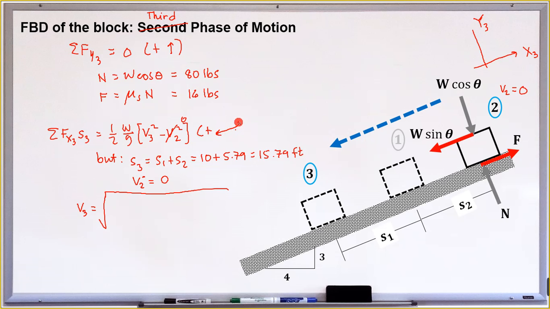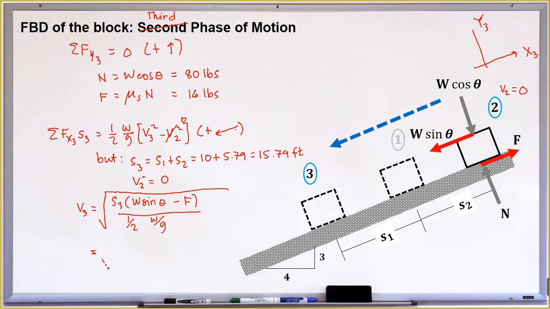Therefore, W sin theta ang positive, si frictional force negative ni siya. So butang lang diri S3 times. So we have W sin theta minus the frictional force all over 1/2 and then W over g.